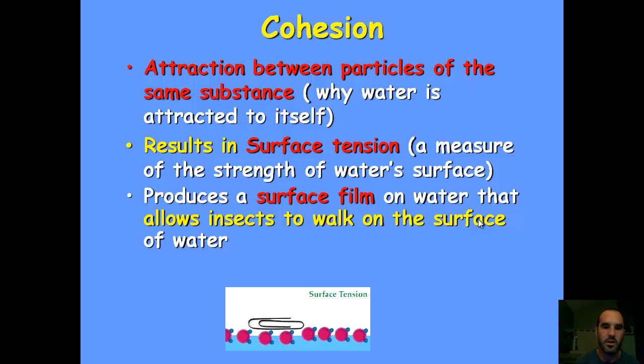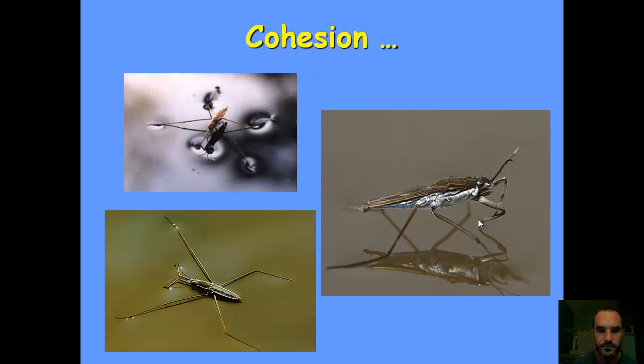That surface film, that top layer, is what allows insects and lizards, like the Jesus lizard, to run on the surface of the water. Here's a little bug just floating right on the surface. It's pretty cool. You can see the indent, the dimple in the water from the bug's leg, but it's not enough weight to push through and overcome the surface tension.